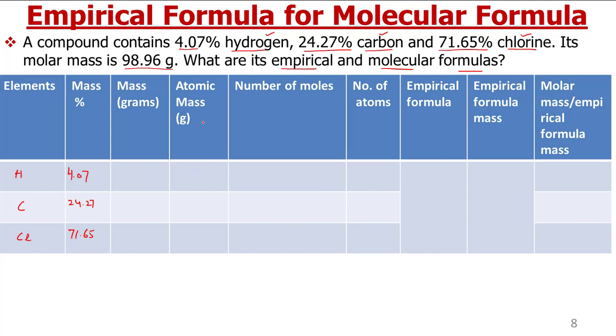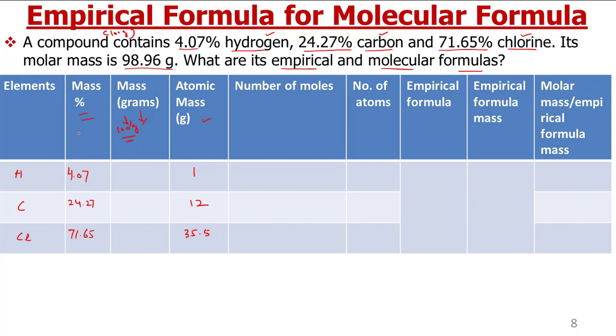Now we will first write the atomic mass of these elements. So hydrogen's atomic mass is 1, carbon we will assume 12 and chlorine is 35.5 in gram. Now from mass percentage, we have to write the data in grams. So for this I said you assume total mass to be 100 gram. Assume that total mass of this compound we have taken is 100 gram.